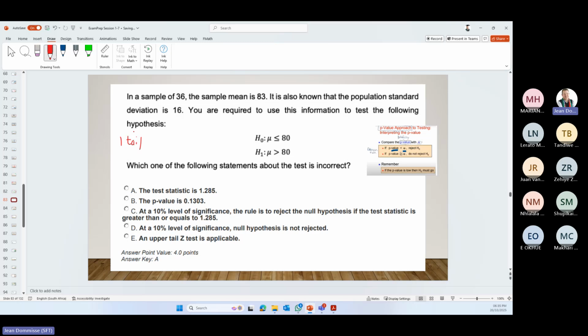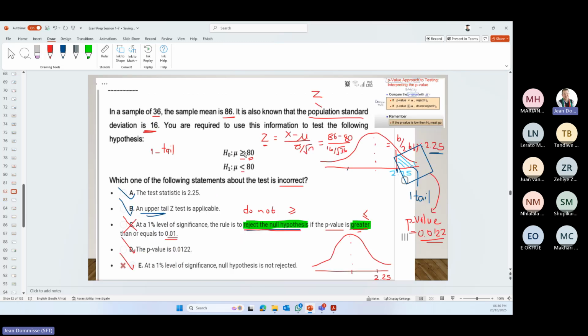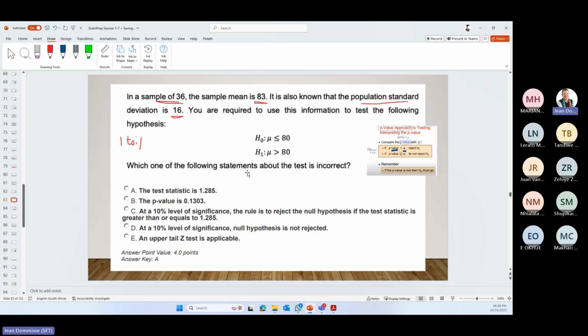Then for another set of students, sample mean is 83. The rest stayed exactly the same: sample 36, population standard deviation is 16. If you look at that one, the mean was bigger. Here, it is smaller. So this automatically tells me that I'm working with a lower tail.